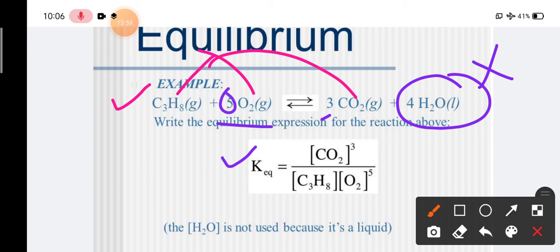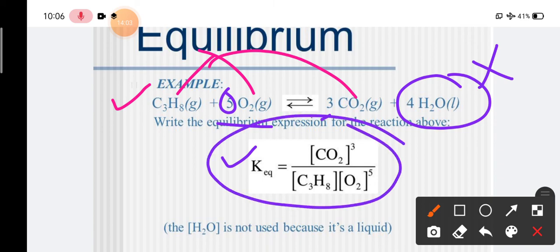So this will be the equilibrium constant of this reaction, and H2O is not used because it is a pure liquid. As it is a pure liquid, not an aqueous solution, it doesn't have any concentration term, so we have to exclude that as well.